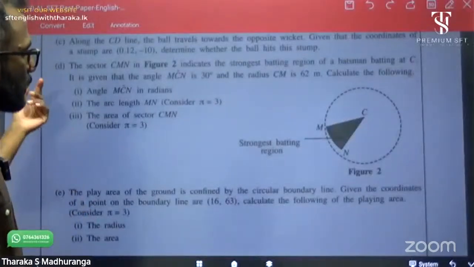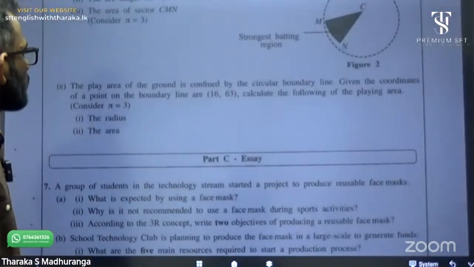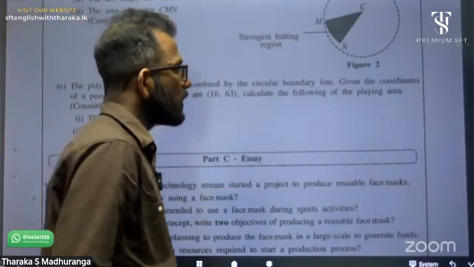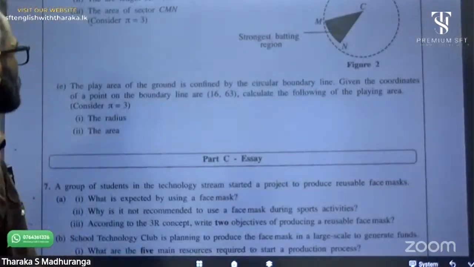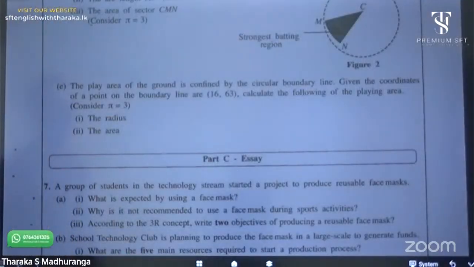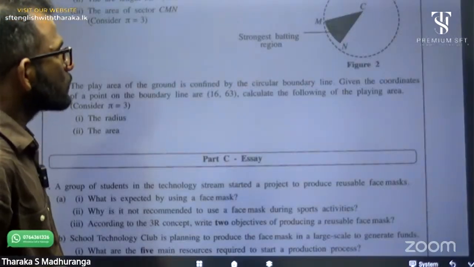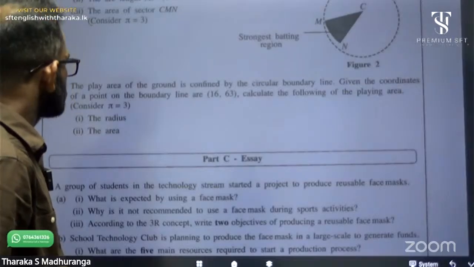Okay, final part of the essay question. The playing area of the ground is confined by a circular boundary line. Given the coordinates of a point on the boundary line are 16, 63. Calculate the following. Calculate the playing area.